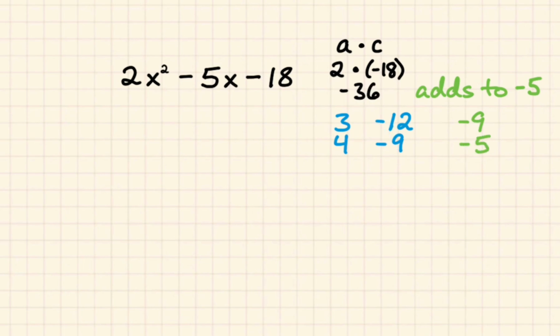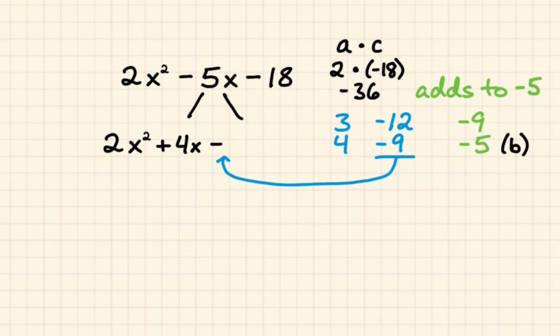And that adds to negative 5. So I have b here now. I'm going to rewrite this trinomial and replace negative 5x with plus 4x and minus 9x.